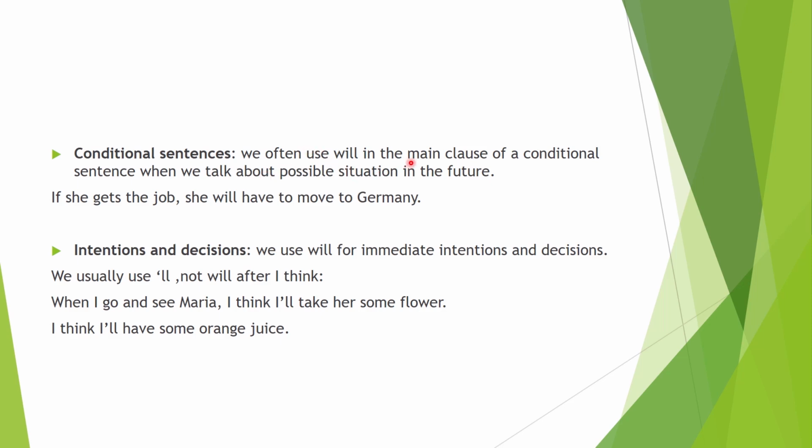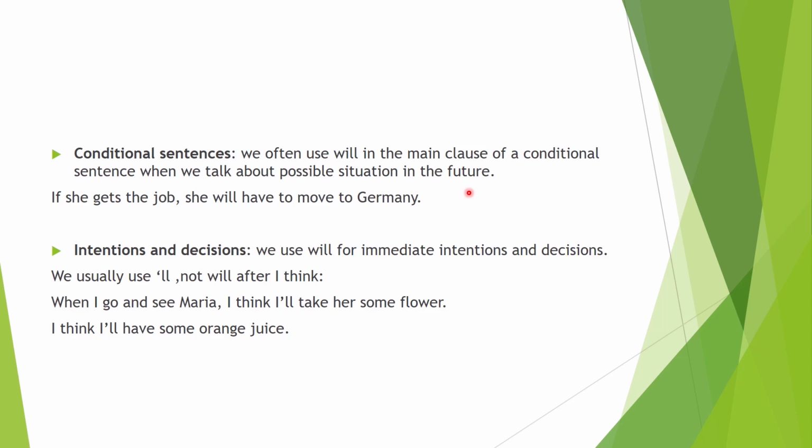Look at the definition. We often use will in the main clause of a conditional. We always have one if clause and one main clause. So we use will in the main clause of the conditional when we talk about what? Possible situations in the future. When we talk about possible situations in the future, in conditional sentences, we use what? We use will. Look at the example.